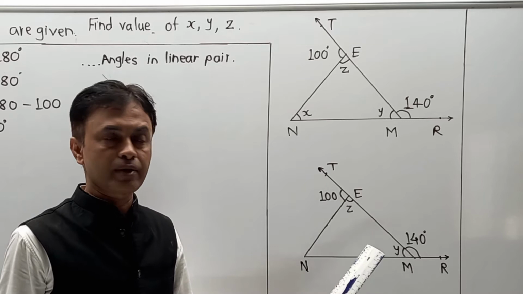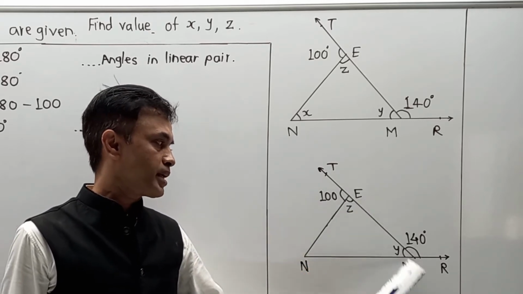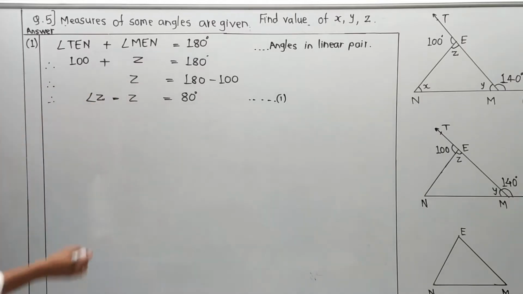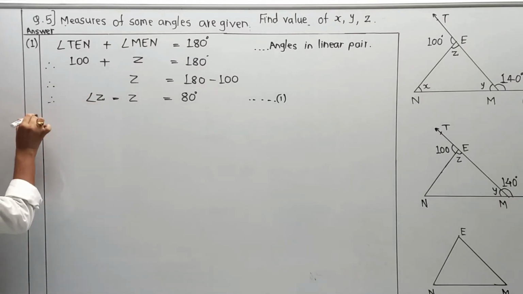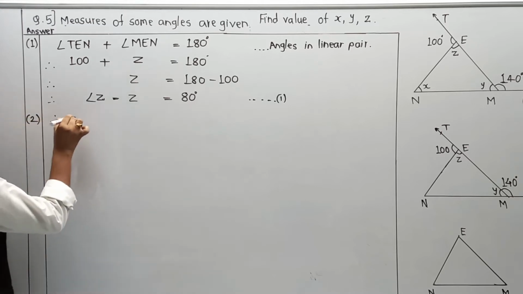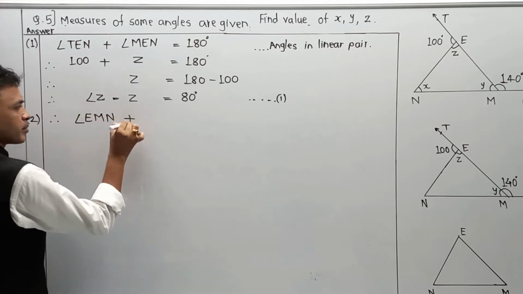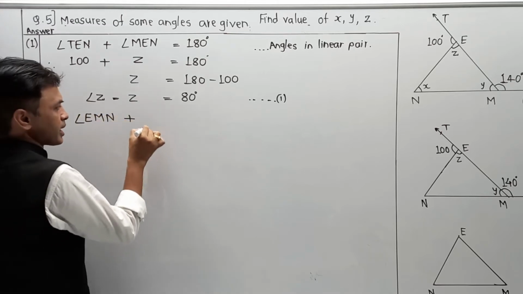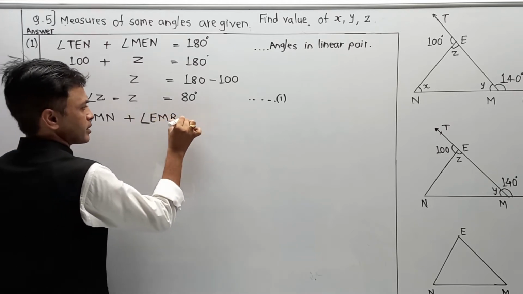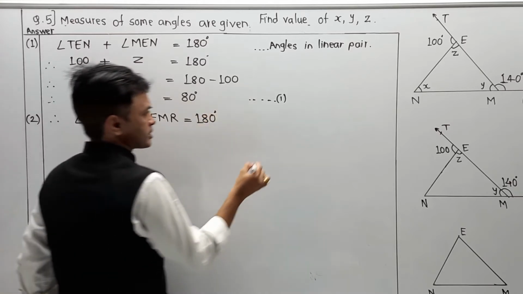So in the second calculation, angle EMN plus angle EMR is equal to 180 degrees. Reason: angles in linear pair.